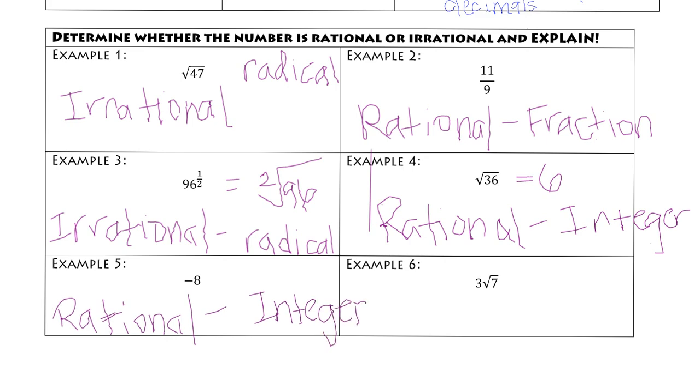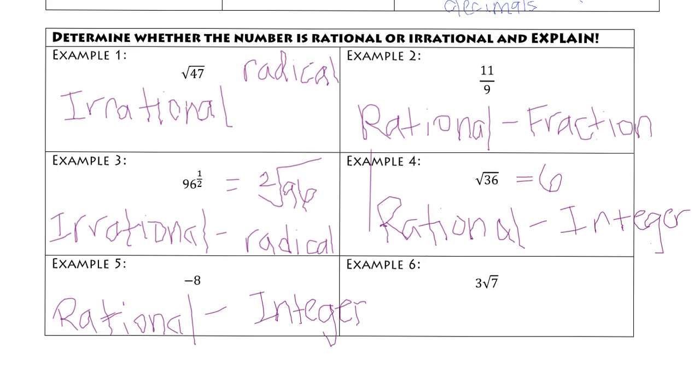And then lastly, example 6, 3 times the square root of 7. So 3 is an integer, but because there's the square root of 7 on there, if we plug that in our calculator, 3 times square root of 7, you're going to get this long decimal that never ends. And that square root of 7 is a radical, so this makes an irrational number.